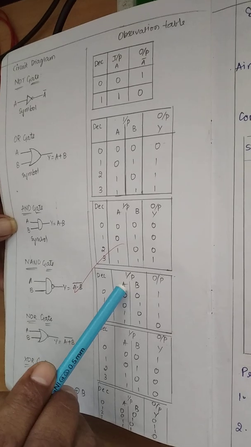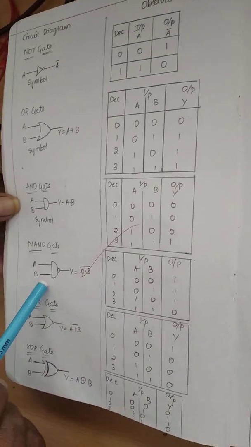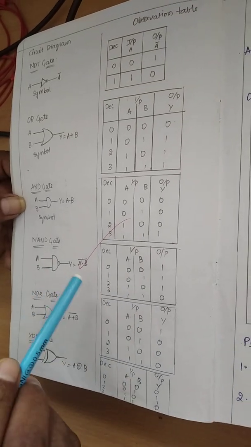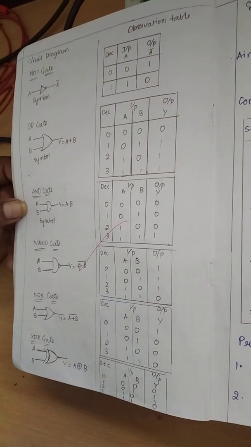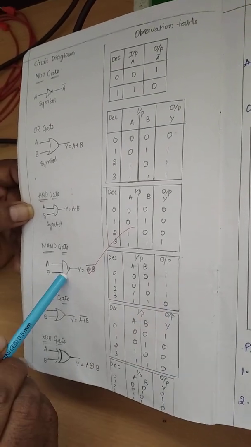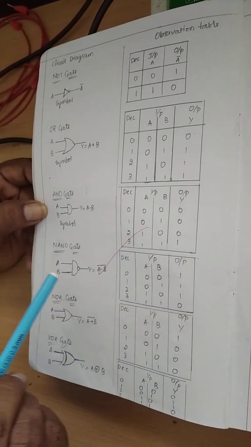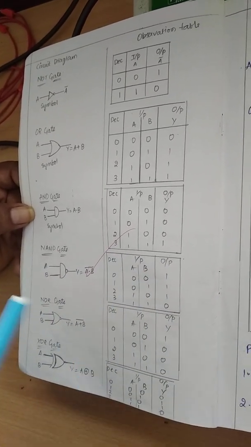A is one input, B is another input. A is equal to 0, B is equal to 0, output is 1. That is the complement. In the previous AND gate, 0 into 0 was 0, but in the case of the NAND gate, it is entirely reversed. Complement means, for example, input 0, complement 1.